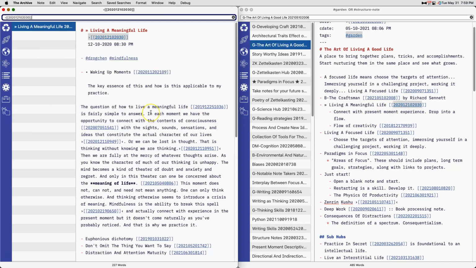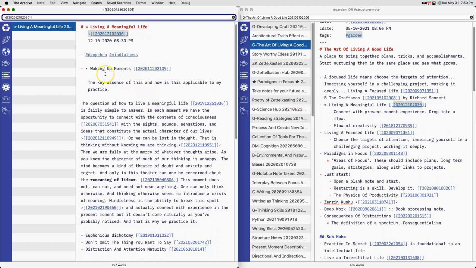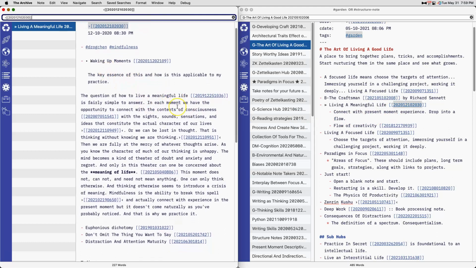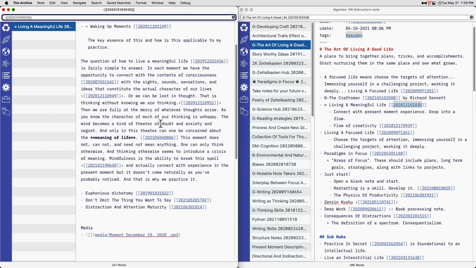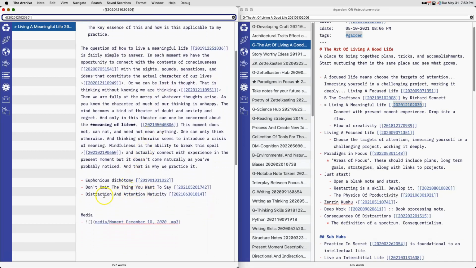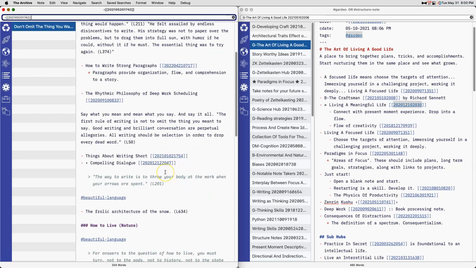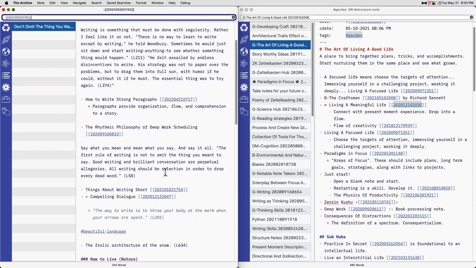There we can look at this link and we can see that there are other links here. Let's take a look at this here.